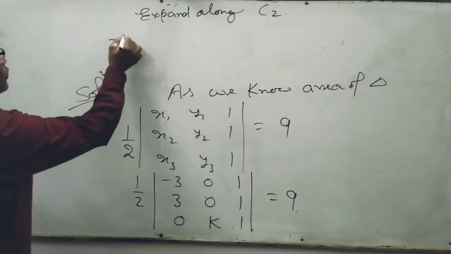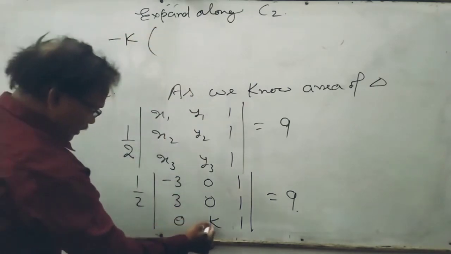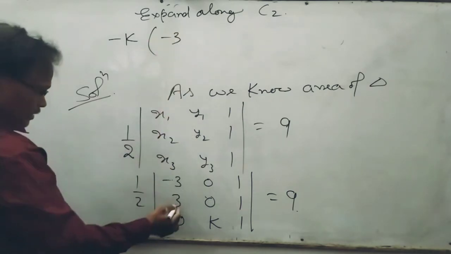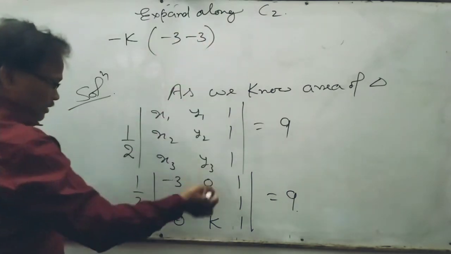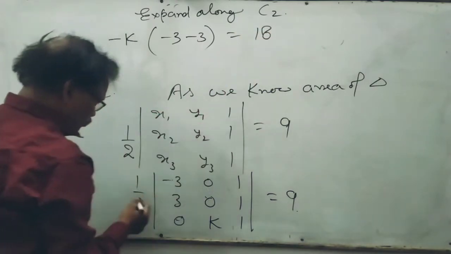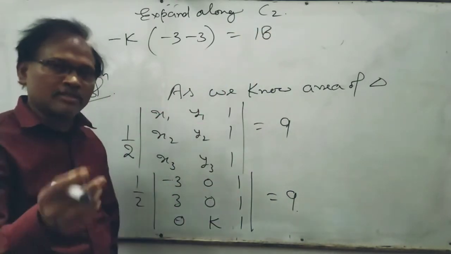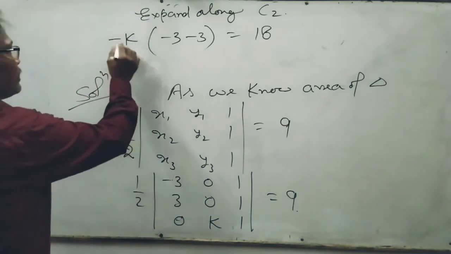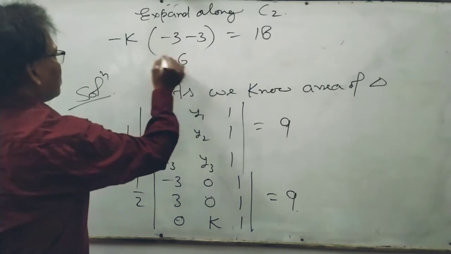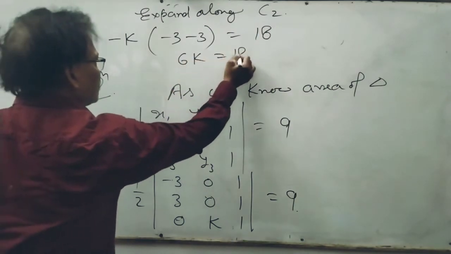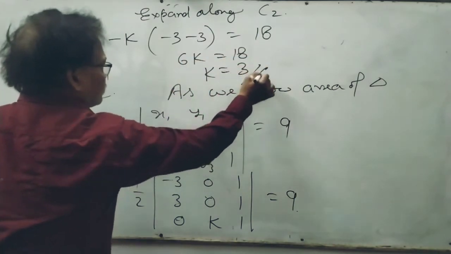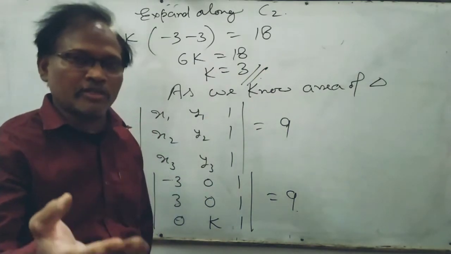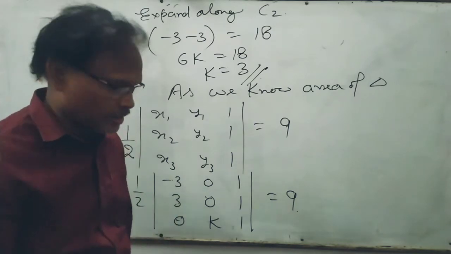In this case you will get -K times (-1 into 3 and -3) is equal to 18, that is 2 into 9. The expansion you can see in my earlier video, on how to expand the determinant. Then it will be 6K is equal to 18, or K is equal to 3. This is the value. So in this way you can find the value of the constant if the question is given like this.